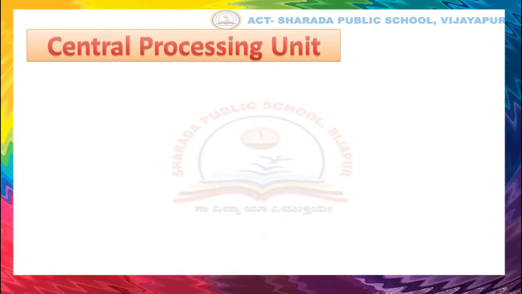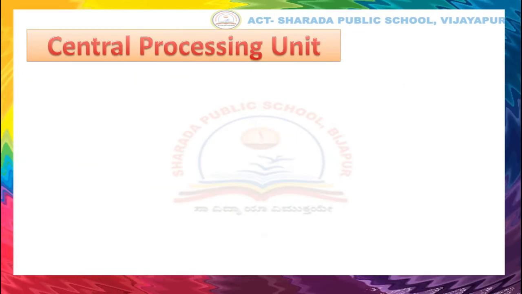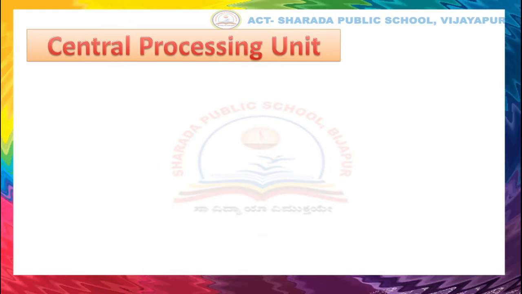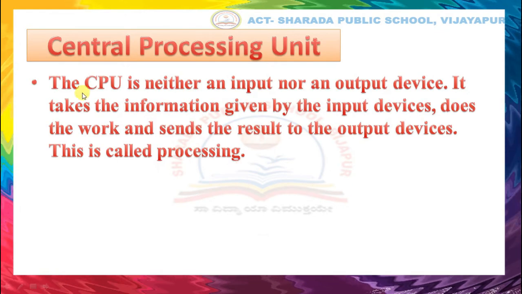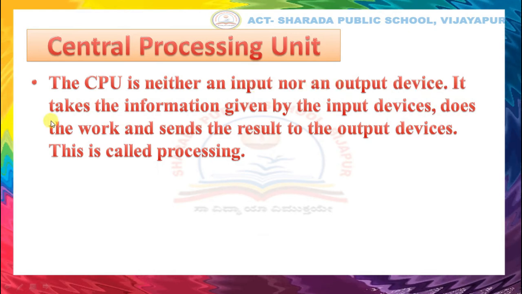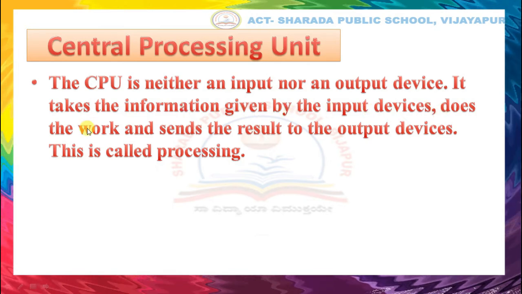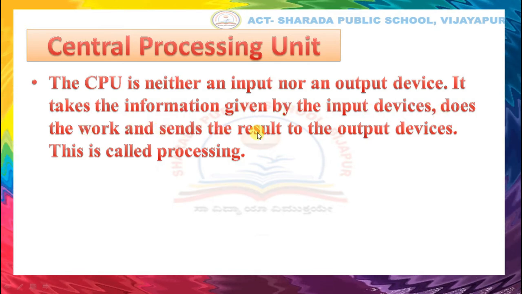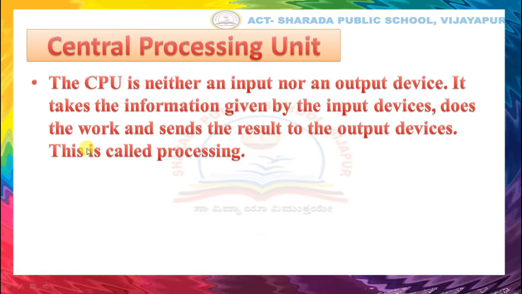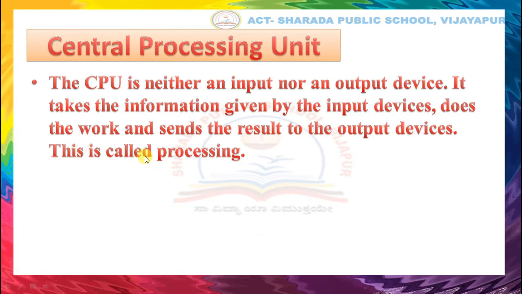Now, let's move to Central Processing Unit. The CPU is neither an input nor an output device. It takes the information given by the input devices, does the work and sends the results to the output devices. This is called processing.